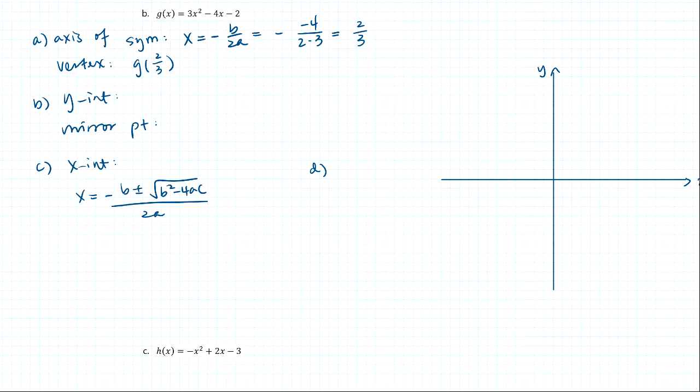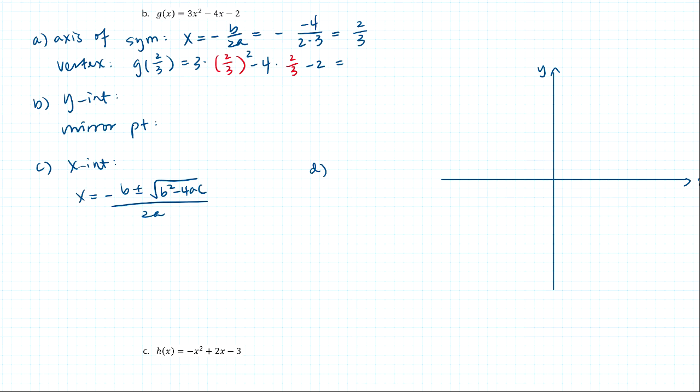And to get g of 2/3, we would have 3 times 2/3 squared minus 4 times 2/3 and minus 2. Altogether, if we want to simplify things, we get 3 times 4/9, where one of the 3's cancel each other out.